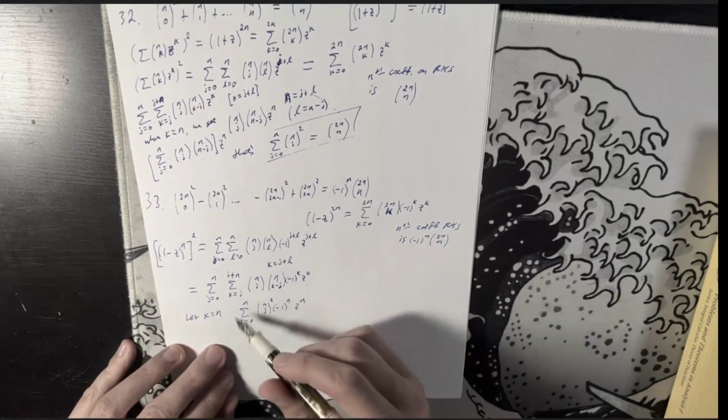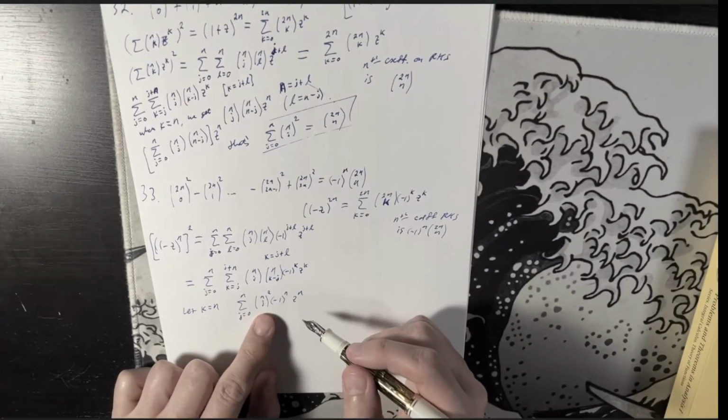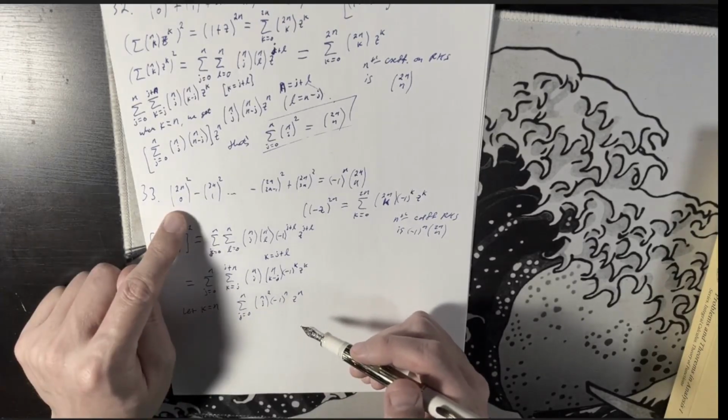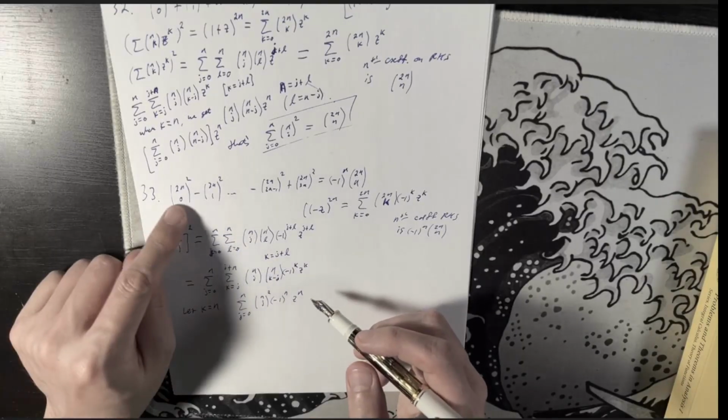So we're getting 0, sorry, that term. Wait a minute. Why are these two n's?